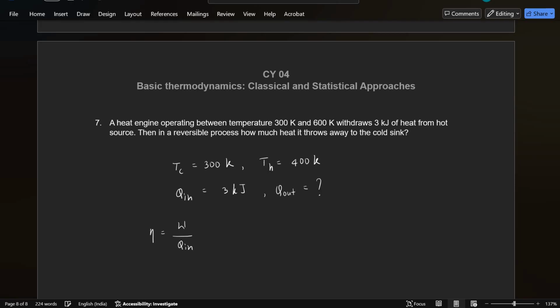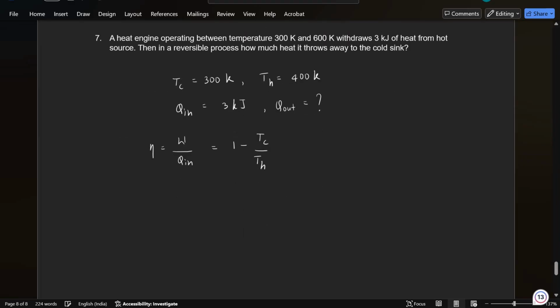Then W equal to QH minus QC. Then W is equal to Q in minus Q out, that we can use. Fine. Now we'll use this and solve the problem.